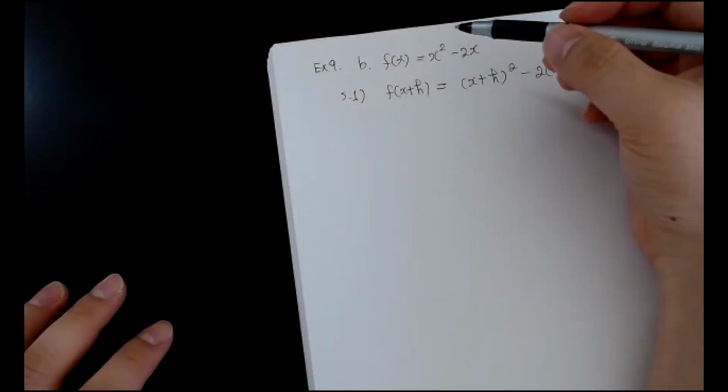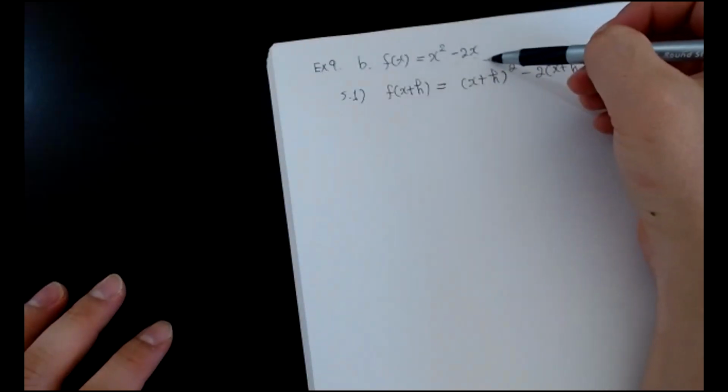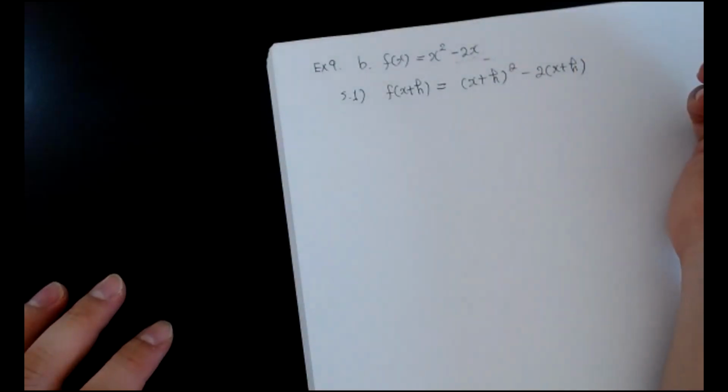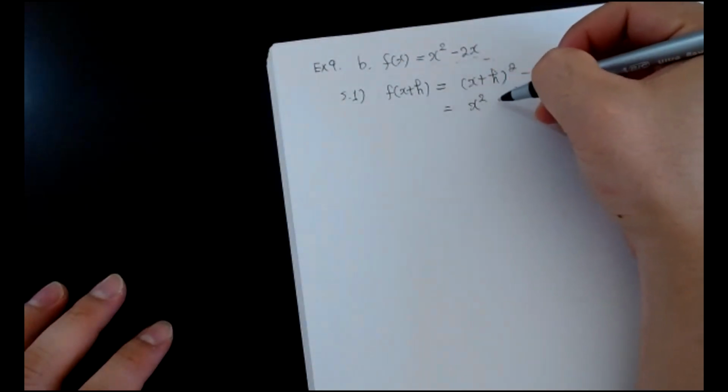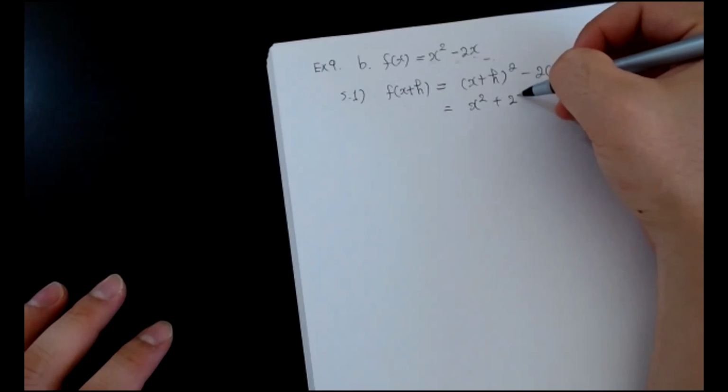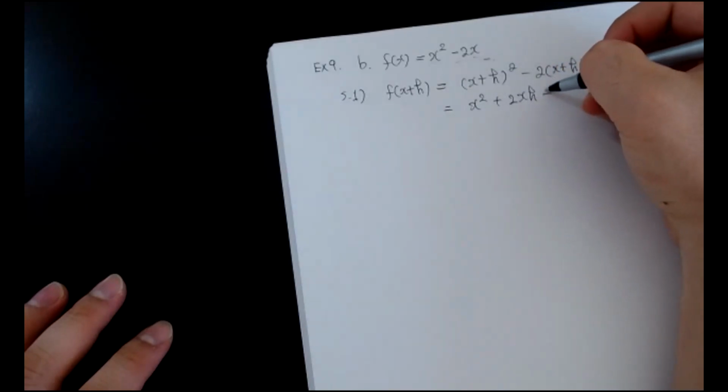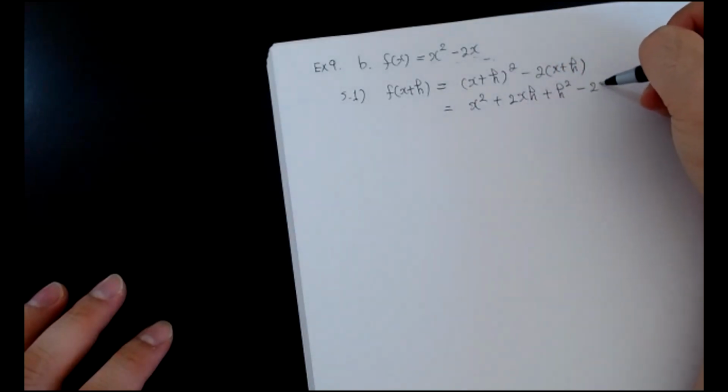So we completely replace every single x on the right hand side of the function f by x plus h. So that is equal to x squared plus 2xh plus h squared minus 2x minus 2h.